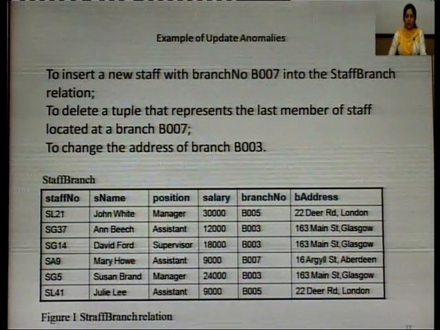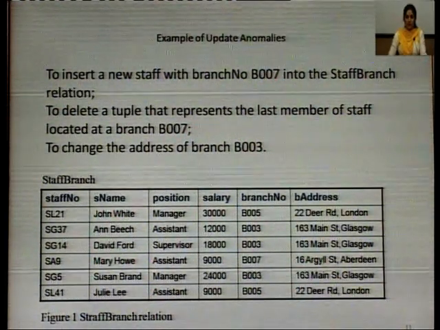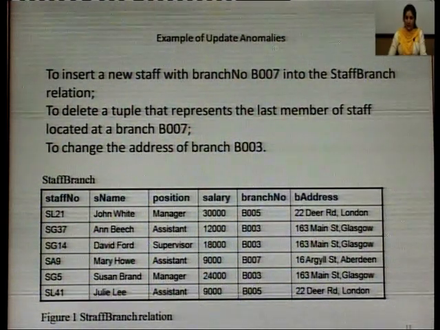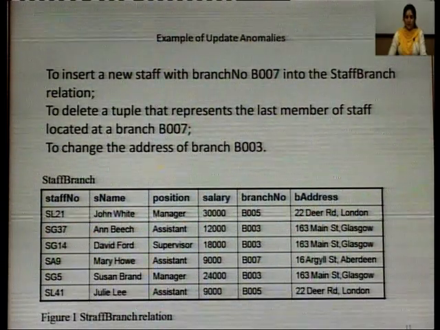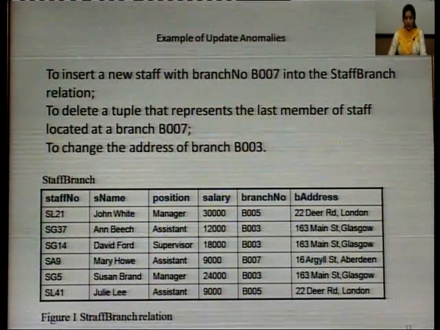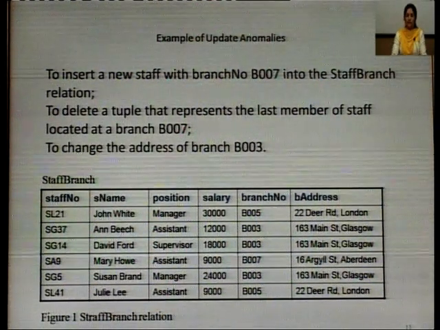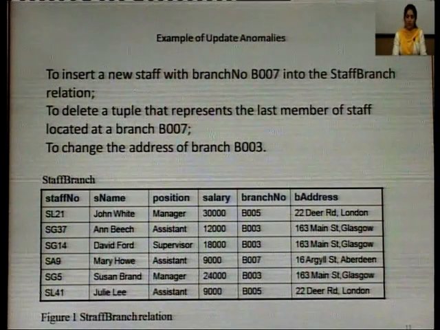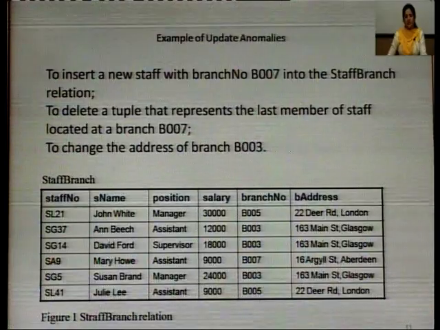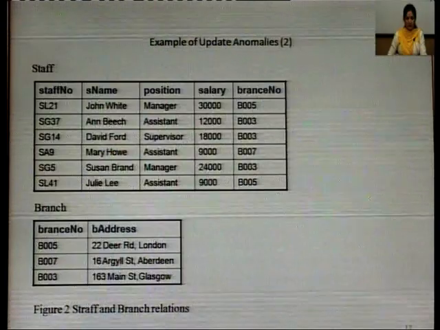To insert a new staff with branch number B007 into the staff branch relation, it is the update anomaly, and to delete a tuple that represents the last member of staff located at a branch B007 and to change the address of branch B003, you will have to do all these changes at a number of places, not only one place. But if you are using a normalized database, you will have to make the changes at one single place only. So these are the update anomalies that occur in your database if you are not using normalized databases.